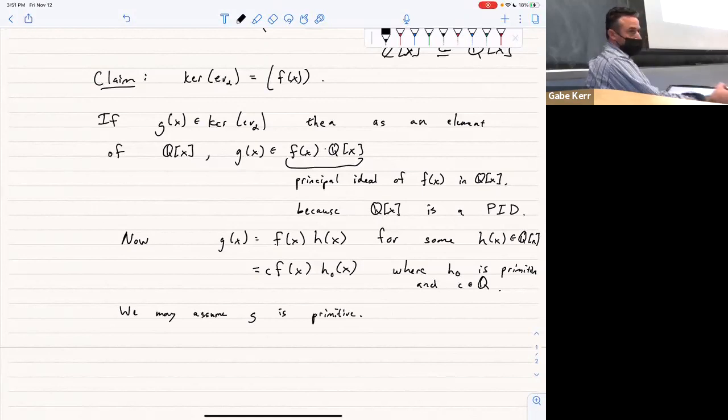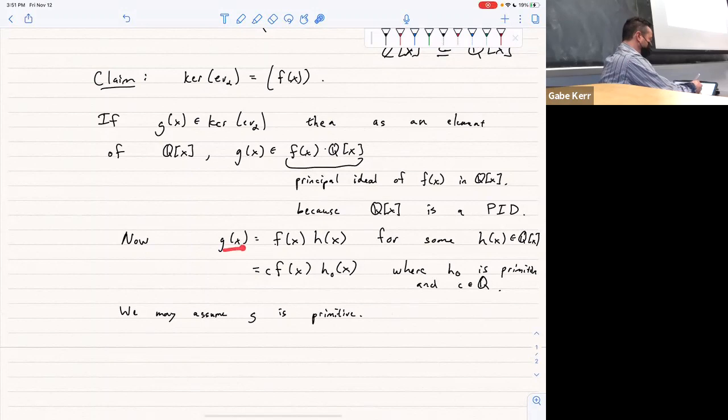But now you use this lemma that's in the book, proposition. It says that this is unique. You have a rational polynomial, it's uniquely written as a rational times primitive. Which means that this, since it's primitive, is like 1 times that. There are 2 things in the book you need. One is this uniqueness.